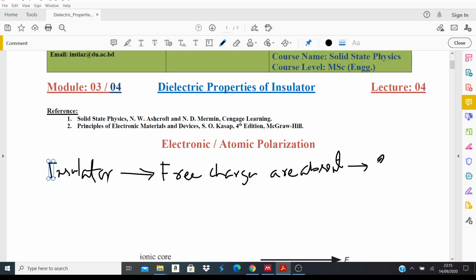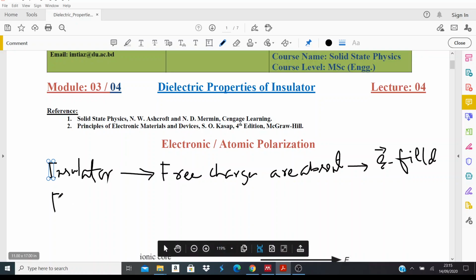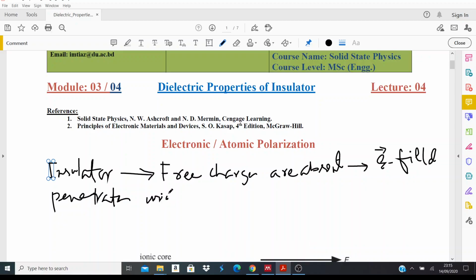That's why the electric field penetrates inside the bulk of the insulating material, right? And we have discussed that for metal, the electric field inside the bulk is 0.